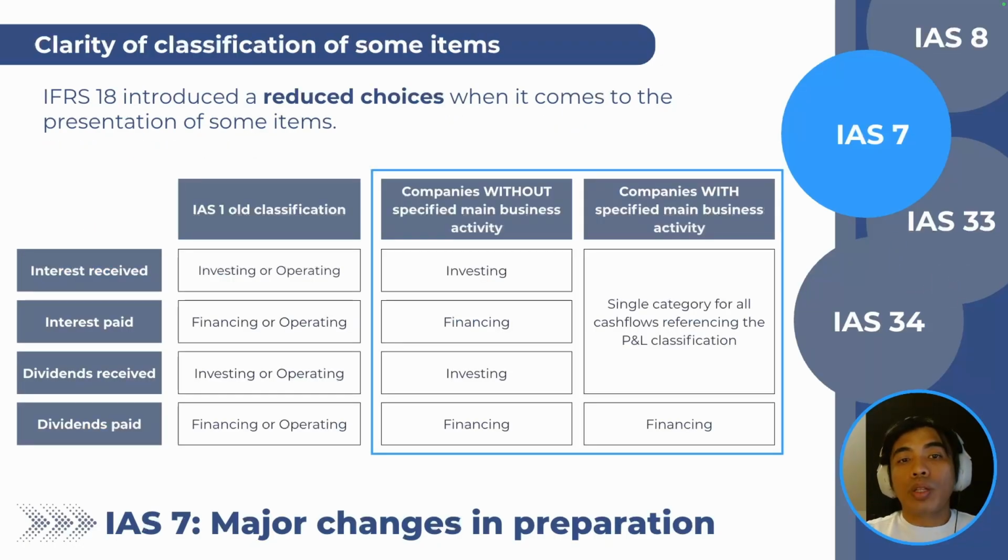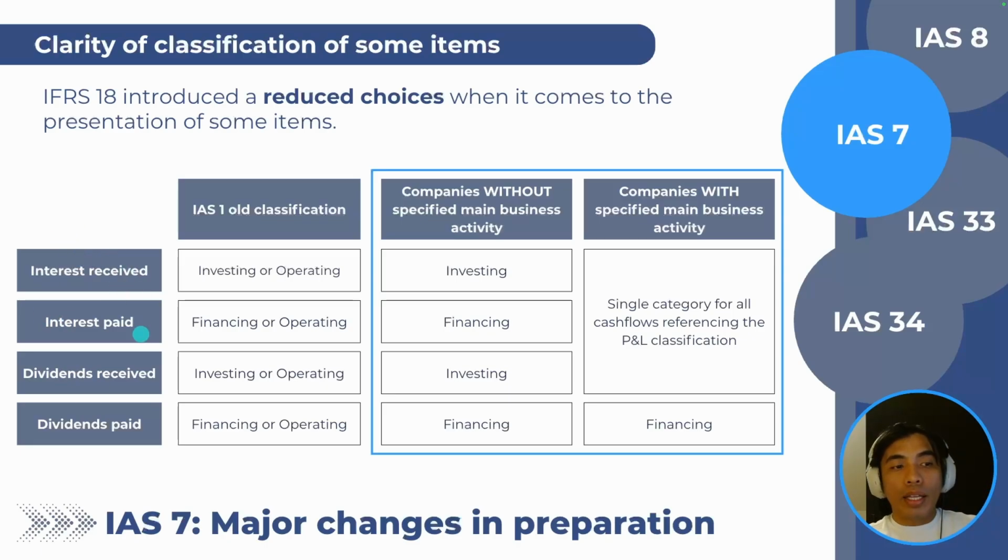The next change in the statement of cash flows is the narrowing of the options available for classifying certain items, such as interest and dividends. Previously, companies had choices. Under IAS 1, the old classification rules, we have 4 items to consider: interest received, interest paid, dividends received, and dividends paid.